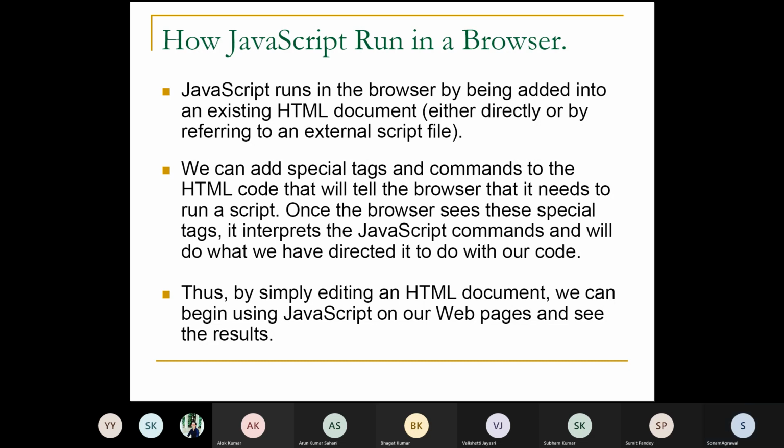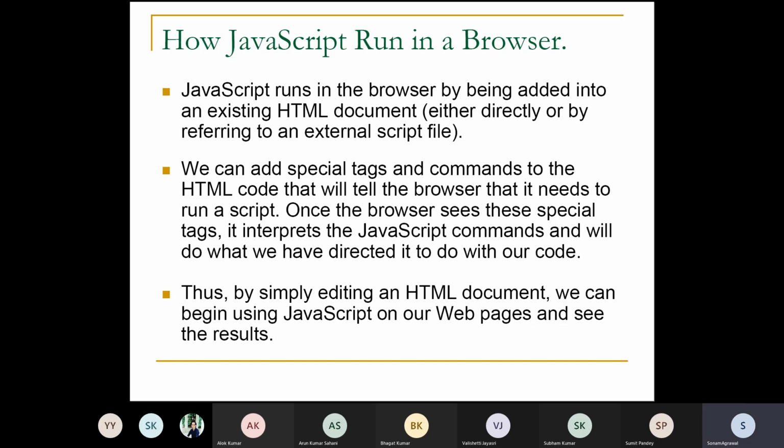Got it? So JavaScript runs in the browser by being added into an existing HTML document, either directly or by referring to an external JavaScript file. We can add special tags and commands to the HTML code that will tell the browser that it needs to run a script.